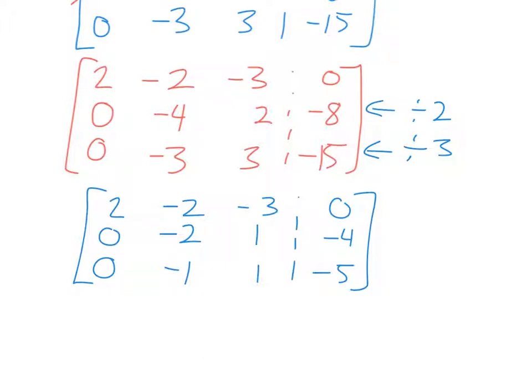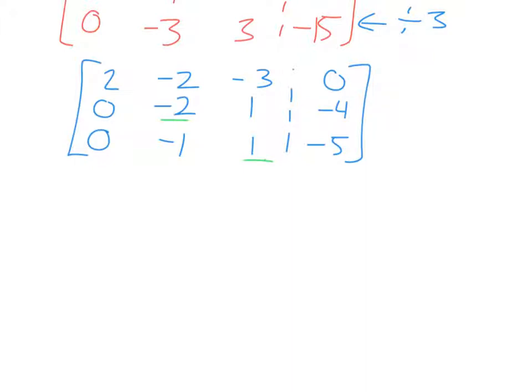Okay. I know that I need to make the middle a 1, or the bottom right a 1. Since I already have the bottom right equal to 1, I'm going to deal with that one first. And I know that to get rid of this, if I do negative row 3 plus row 2 and use that to replace row 2, that will turn this into 0.